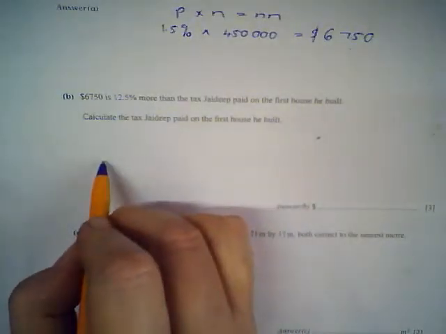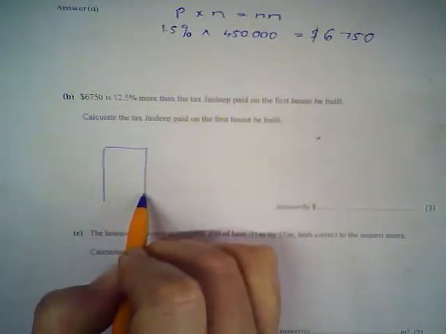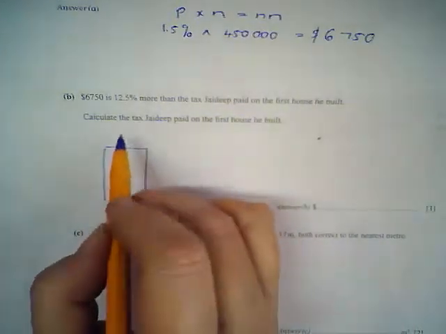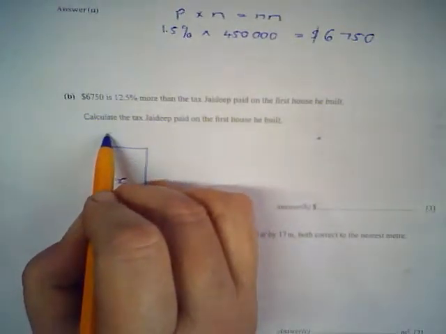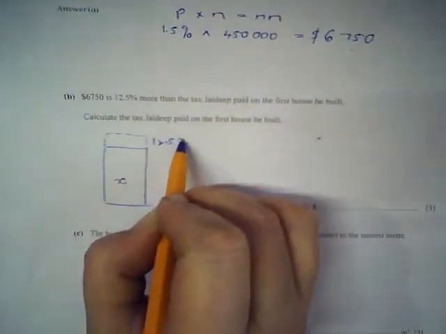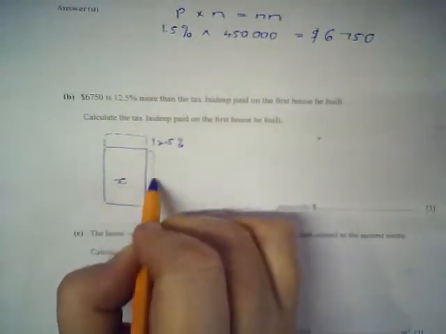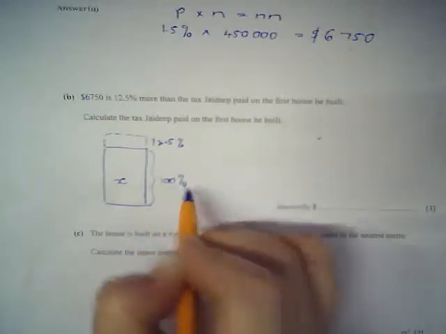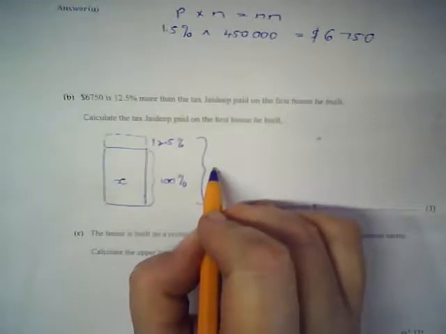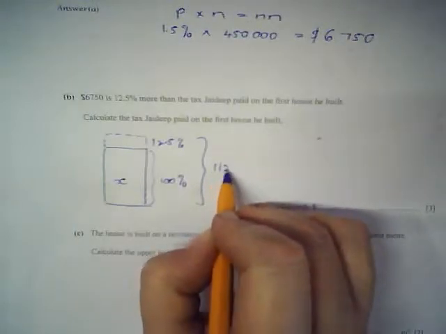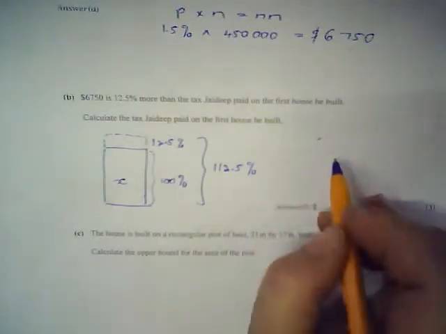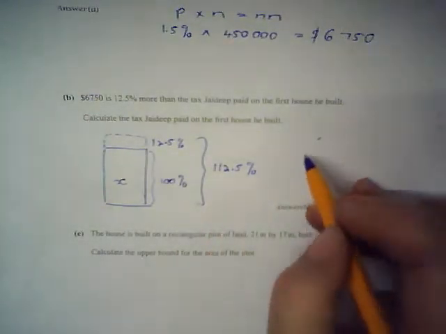So I like to start off with a little diagram. So this is the first house, and we can call it X. Then he has to pay some extra, and that is 12.5%. So the tax that he paid originally was 100%. Now if we calculate that all together, that would give us 112.5%, and that is equal to the amount that we've got now.